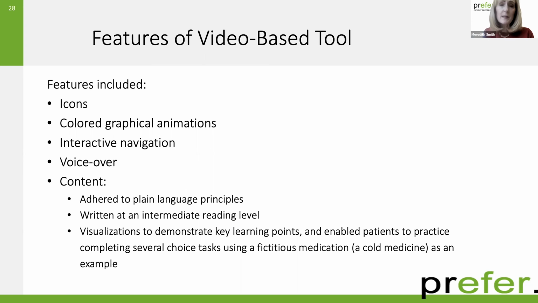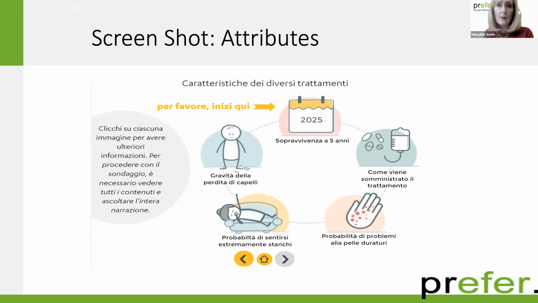And then some visualizations to demonstrate key learning points, as well as to enable patients to practice completing choice tasks. And to do that, we used a fictitious medication, a cold medicine, as an example. Next slide, please.